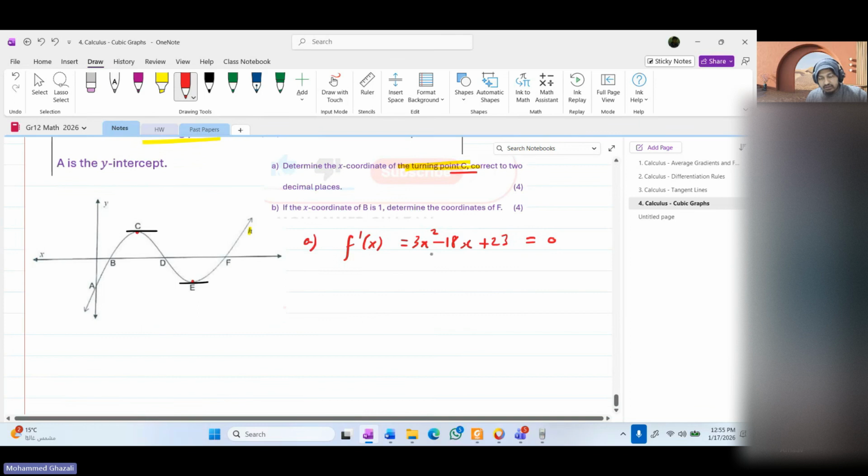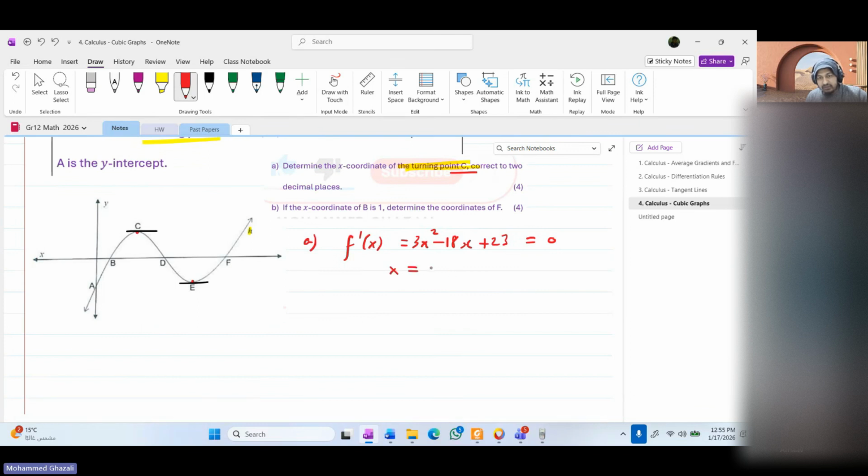So remember, they want you to find this. So you have to use the quadratic formula. Minus b is 18 plus minus square root of b squared minus 4ac. A is 3, C is 23, divided by 2 times 3. You have to use that. But I wouldn't go and type out this entire thing into the calculator.